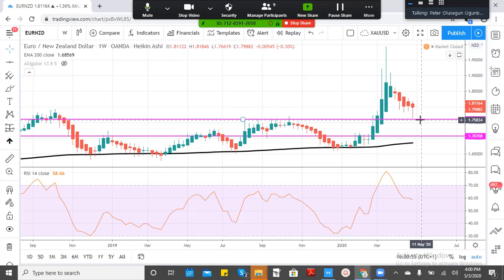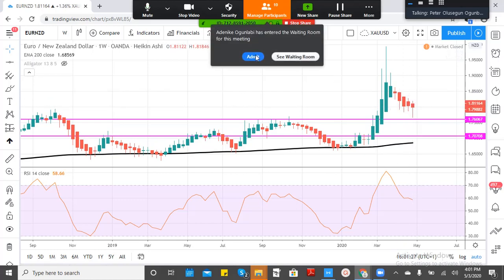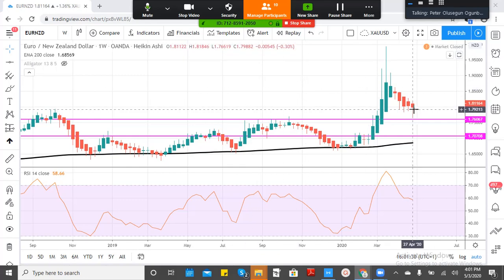Now, listen to this. On a 4-hour candle, the price bought, and on the weekly candle, the price is doing a pullback. Now, we are not going to see what the price is doing on this particular week, because on this pullback, we'll take each week also and analyze each week.